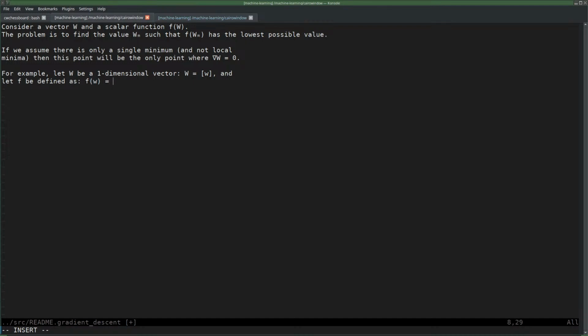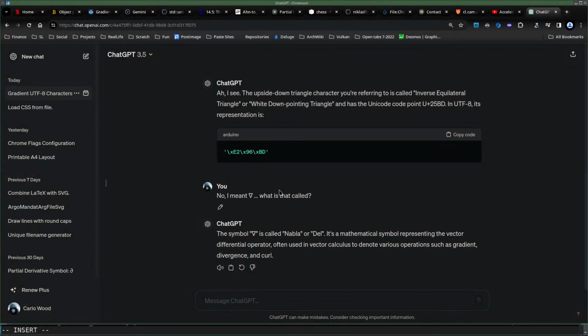Now, yeah, I mean, it must have a minimum, so it can't be a linear function. So the simplest is a squared.